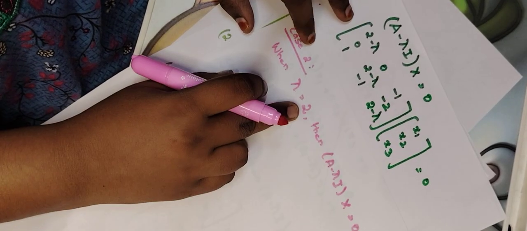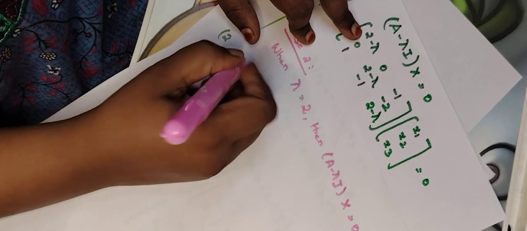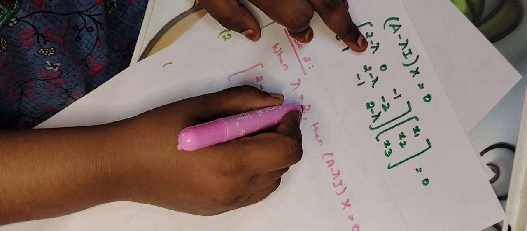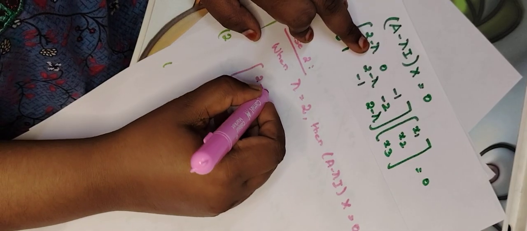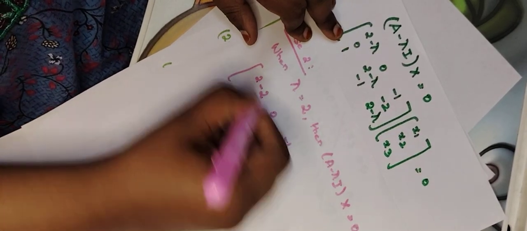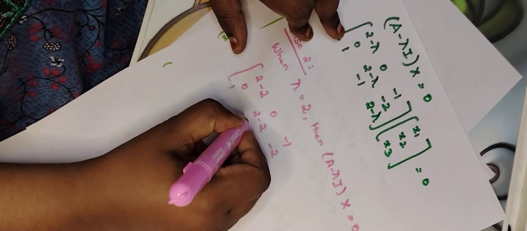So if we put lambda equal to 2 in the above equation, we get the matrix 2 minus the value of lambda, the lambda value is 2. So I'll put lambda equal to 2: 2 minus 2, 0 minus 1, 0, 2 minus 2, 1 minus 1, 2 minus lambda, this into x1, x2, x3 should be equal to 0.